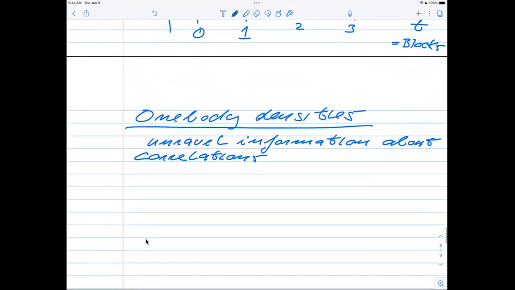So the one-body density is a quantity which then tells you how particles are distributed. And the way you would calculate this quantity, suppose now you pick particle 1, but instead of putting R1, you could actually write a general R. So this quantity is given by the expectation value over all the other particles.